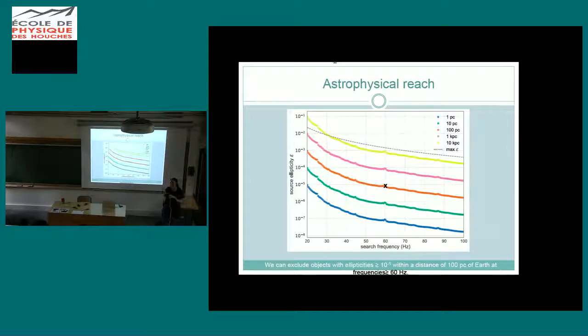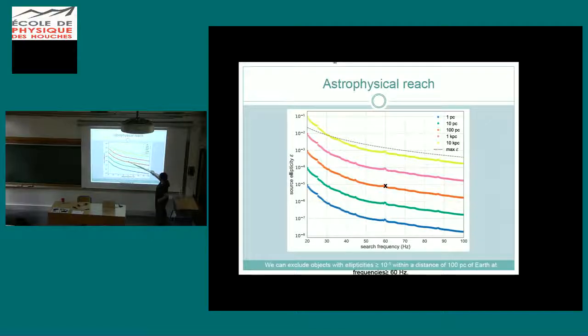But now, remember, we're doing a broad, blind all-sky search. So these are upper limits on the source ellipticity as a function of the signal frequency. But since we don't know the distance of our source, we have to parameterize them, assuming different distances. And so this is how you read them. Suppose there's this point here.